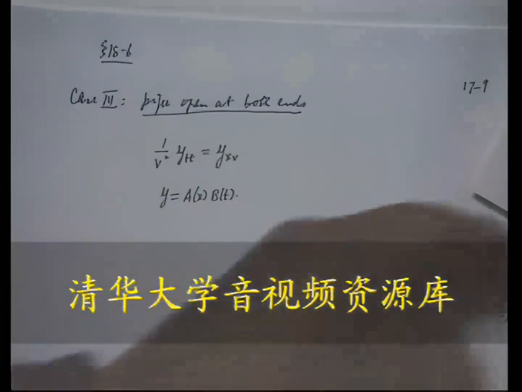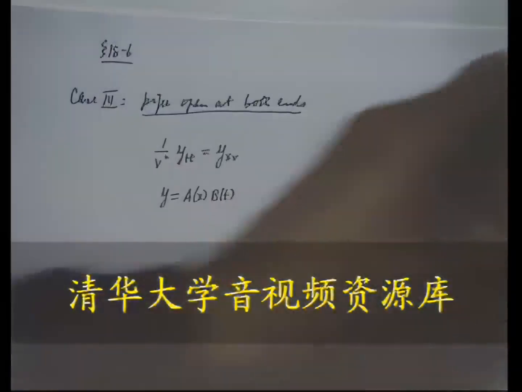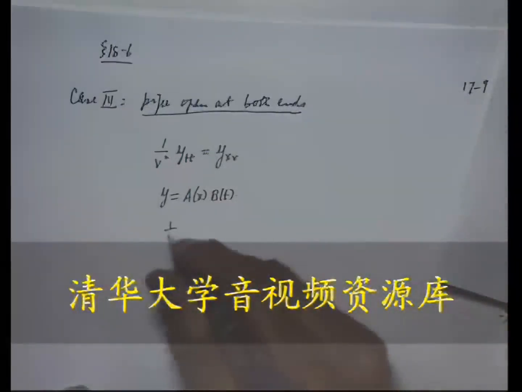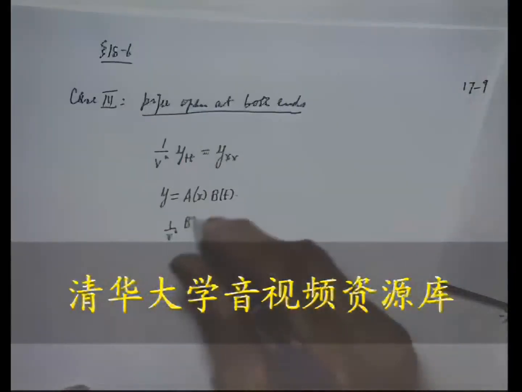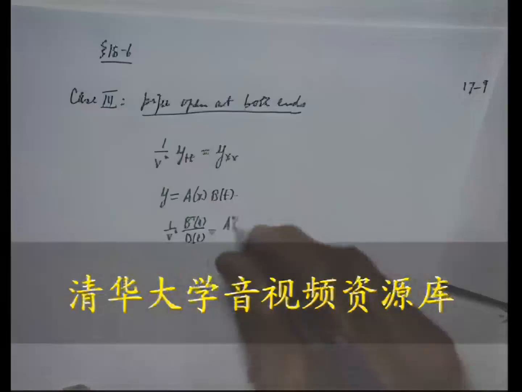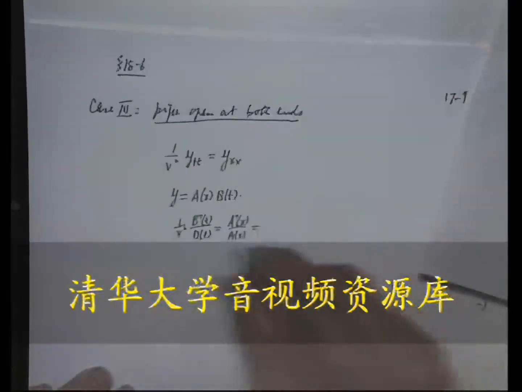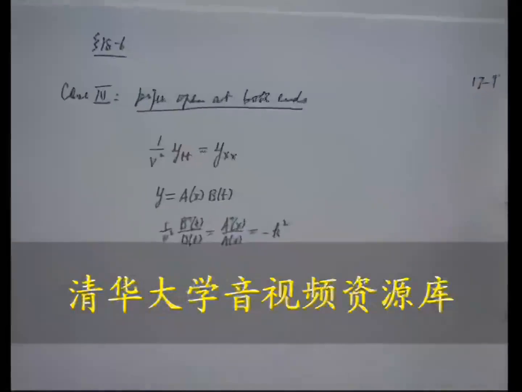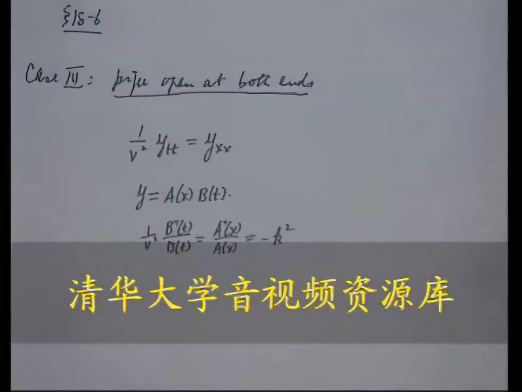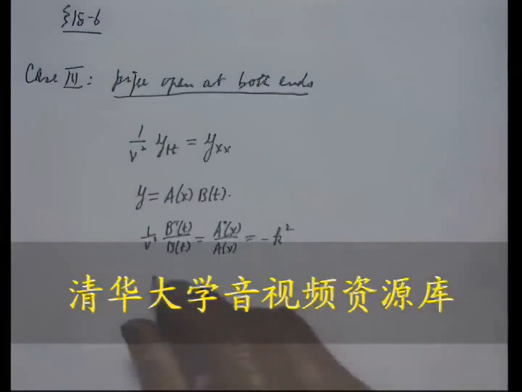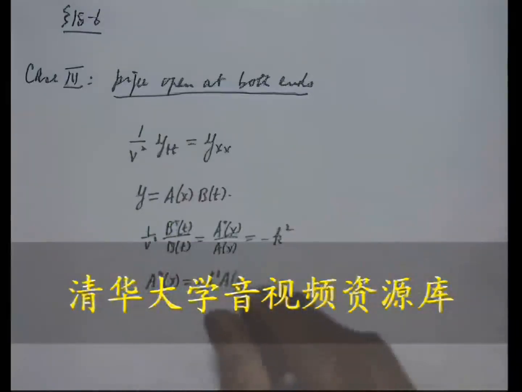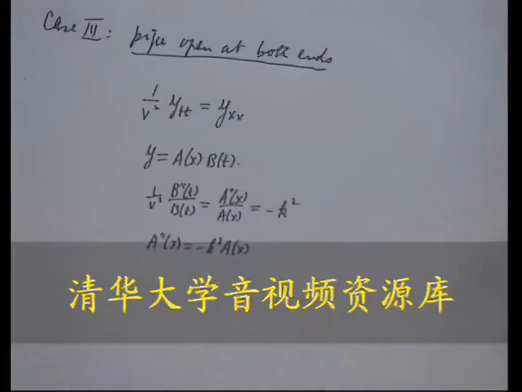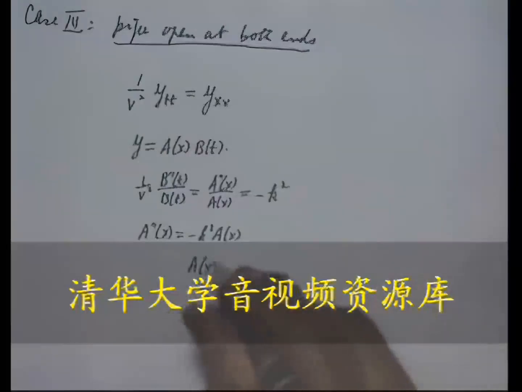We again get 1 over v squared B double dot over B is equal to A double prime over A is equal to minus k squared. So A double prime is equal to minus k squared A of x, and A of x is a sinusoidal wave.